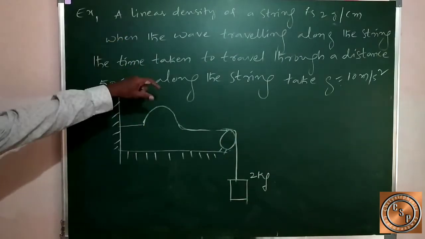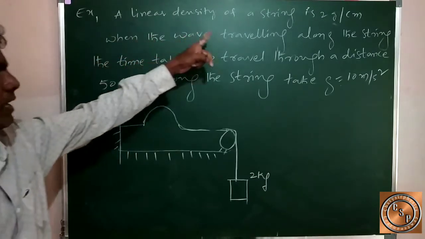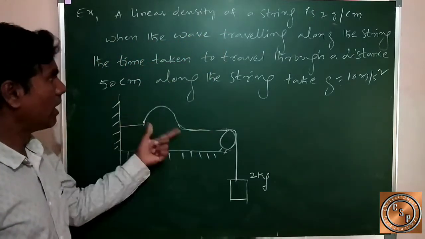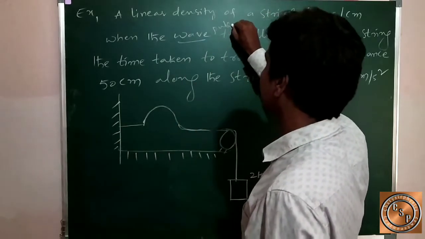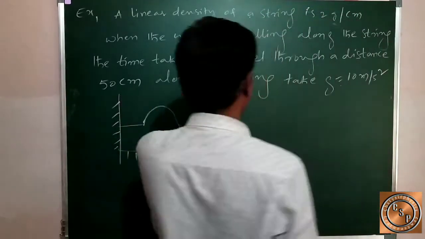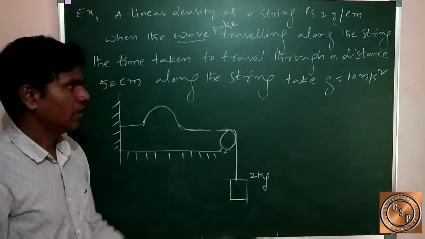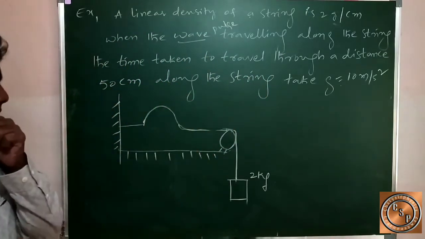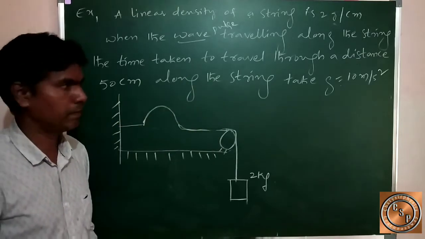This is the problem. A linear density of a string is 2 grams per centimeter. When the wave pulse is traveling along the string, the time taken to travel through a distance of 50 centimeters along the string. Take g equal to 10 meter per second square. What should we calculate from this problem?